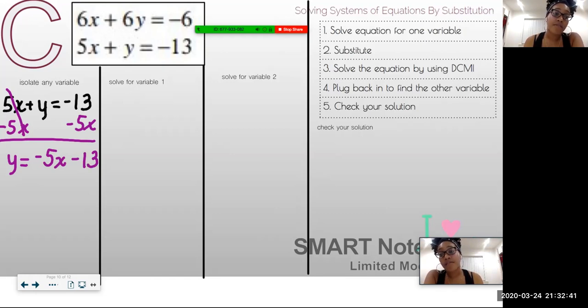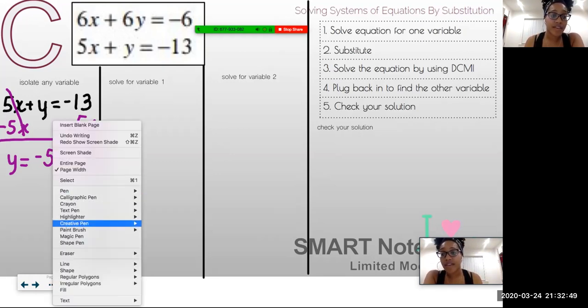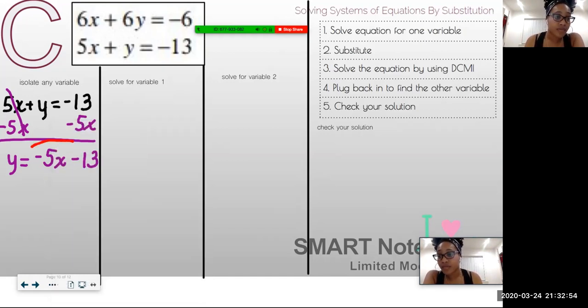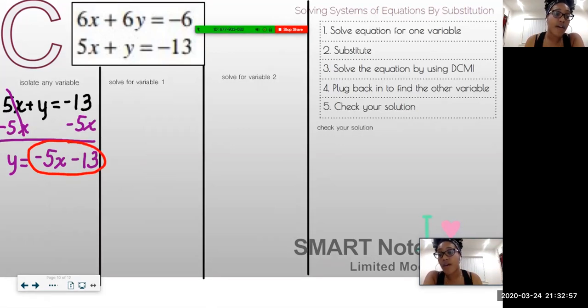So now I know that anywhere I see y in this equation, I can replace it with negative 5x minus 13. This is what y is equal to. That means I can go to this equation and replace y with negative 5x minus 13. Remember, when we substitute, we want to use parentheses to make our lives easier and to make sure we get the problem right. The parentheses group this whole entire expression.